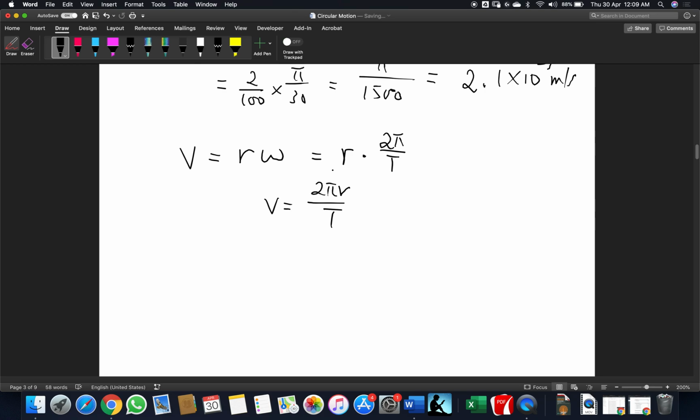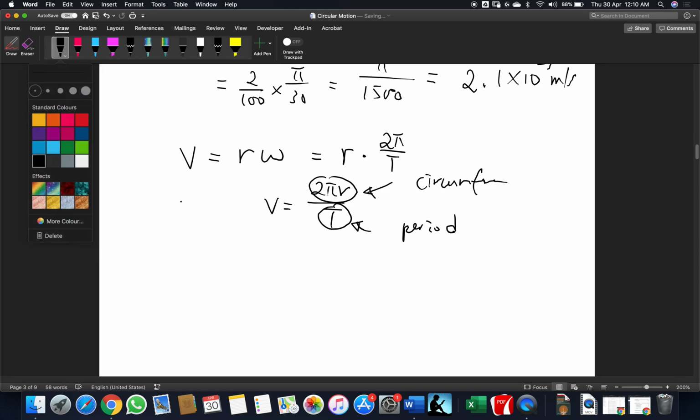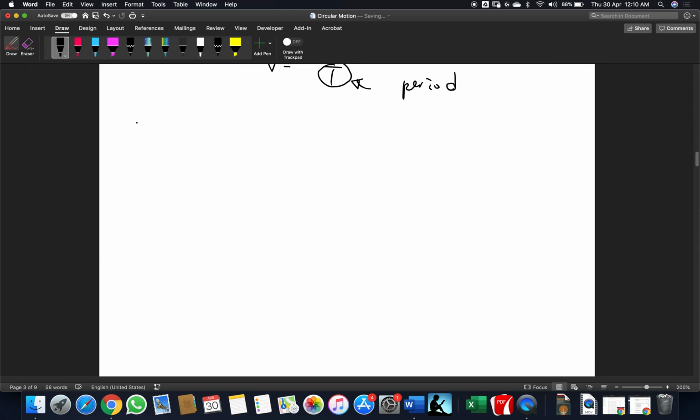There's another way to understand this formula: 2 pi r is the circumference of the circle, and T is the period, the time to travel a whole circle. So distance over time gives you the speed. That's how you can understand this formula.